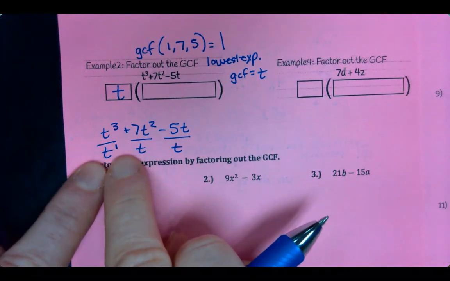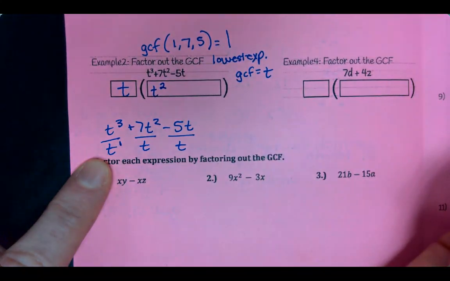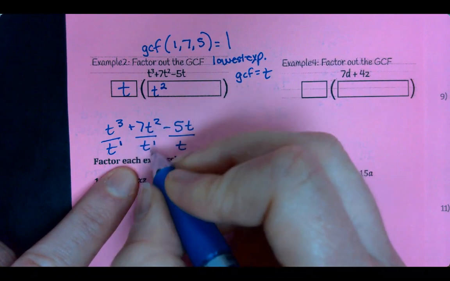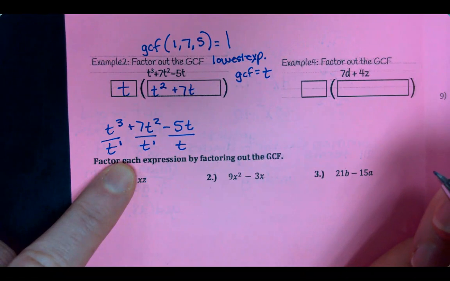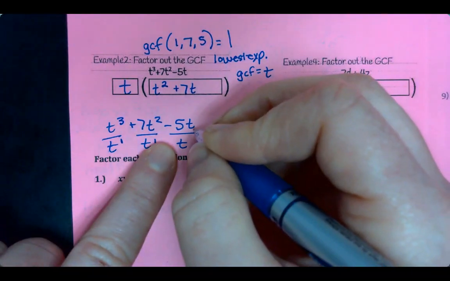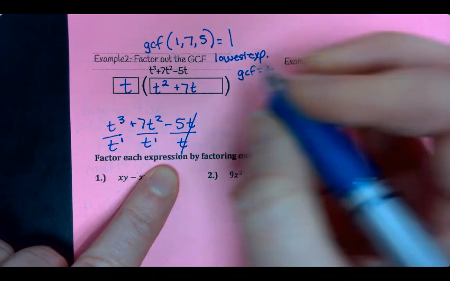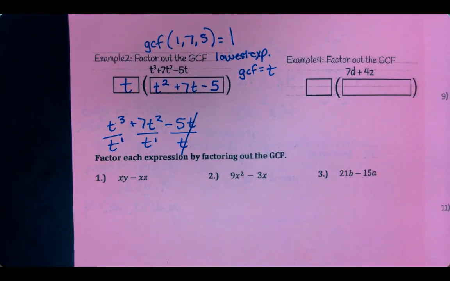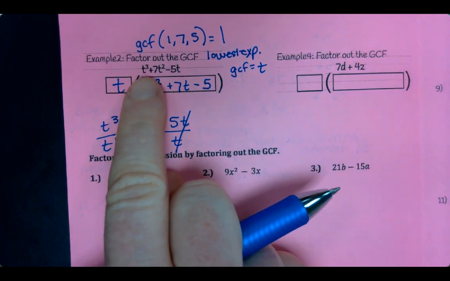So if I have t3 and t1, that's going to leave me with t2. Going back to the rule of dividing like bases, you subtract your exponents. 7t squared over t, just going to be plus 7t. Negative 5t over t, well, t and t, they're the same, so they cancel, just leaving us with minus 5. So all we did was take out a t, which meant it's the exact same as what we had with one less exponent.